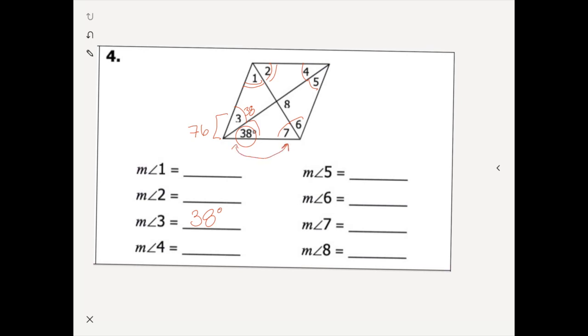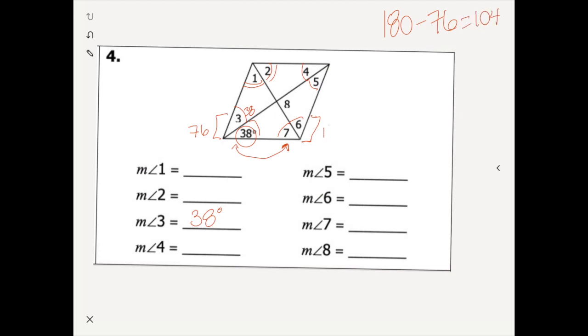These angles right here should be supplementary. So if you add 76 plus this angle right here, which is combining angle 7 and angle 6, you should get 180. So if you do 180 minus 76, you're going to get 104.